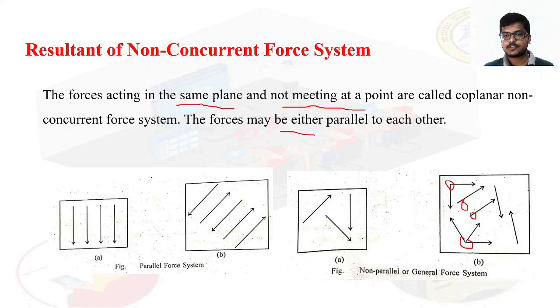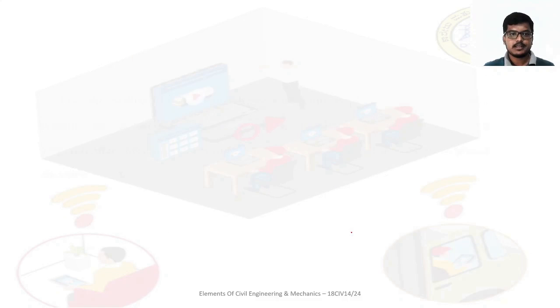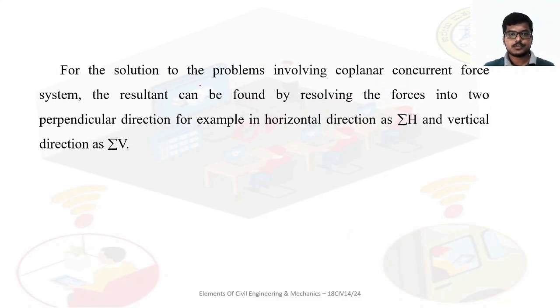All the forces will have their own head and tail, right? Here also, they are non-parallel, non-concurrent force systems. Here a parallel force system, there a non-parallel force system. When this type of force system is given, how to find the resultant? For problems involving a coplanar force system, the resultant can be found by resolving the forces into perpendicular directions, for example the horizontal direction and the vertical direction.